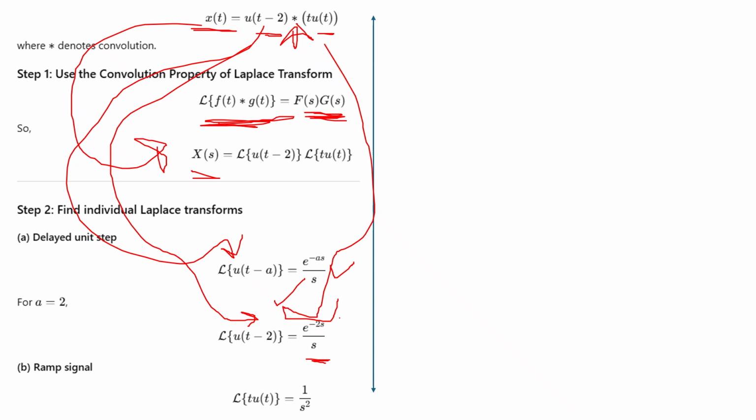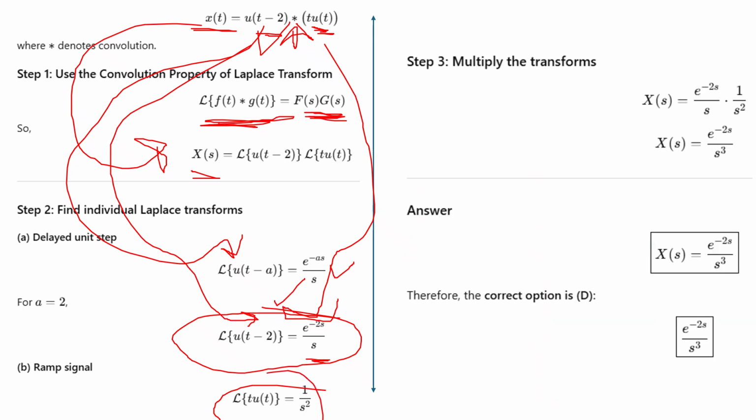Using this property, you can get the Laplace transform of the first part, and for the second part you can again use the property. For t u(t), the Laplace transform will be 1/s^2.